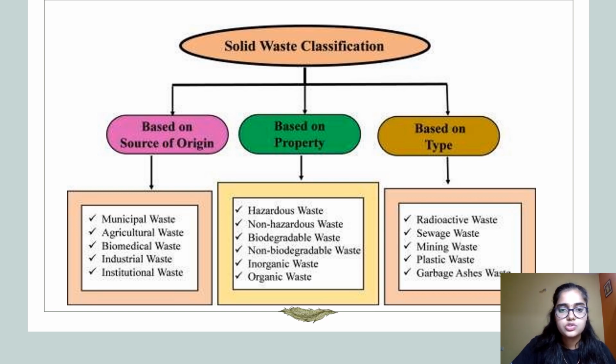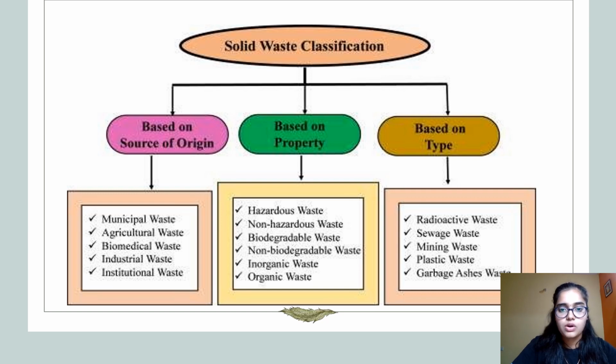Some major classifications of solid wastes are based on source of origin, property, and type. Let's see based on source of origin. They are categorized as municipal waste, agricultural waste, biomedical waste, industrial waste, and institutional waste.